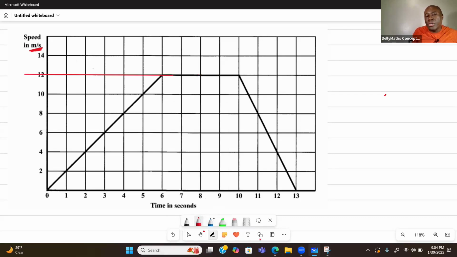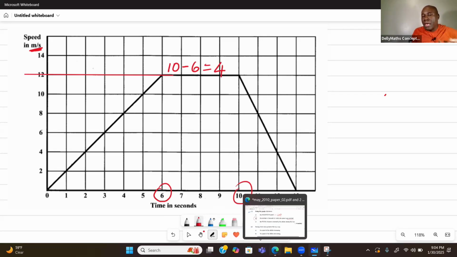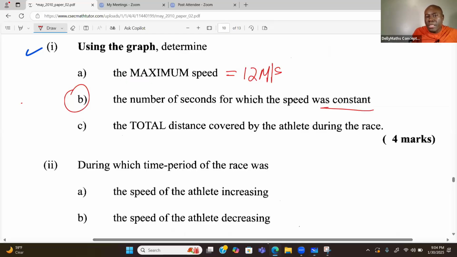So it was constant from 6 seconds to 10 seconds. 10 minus 6 tells us it's 4 seconds of the journey that this athlete was at a constant speed.